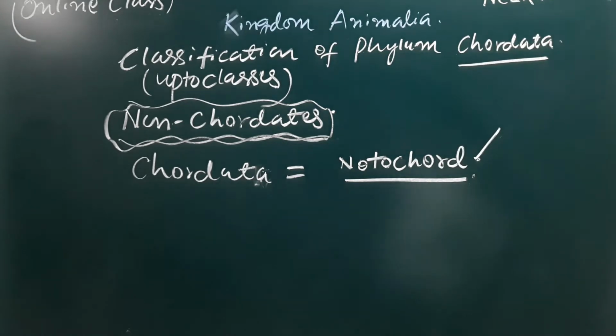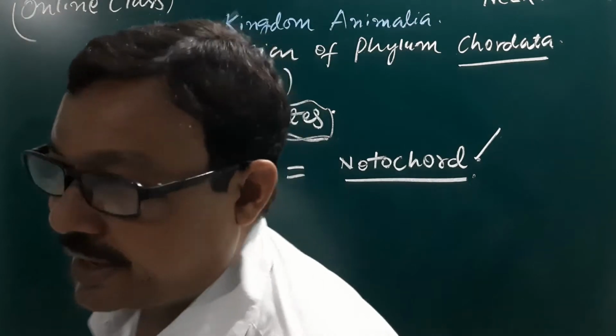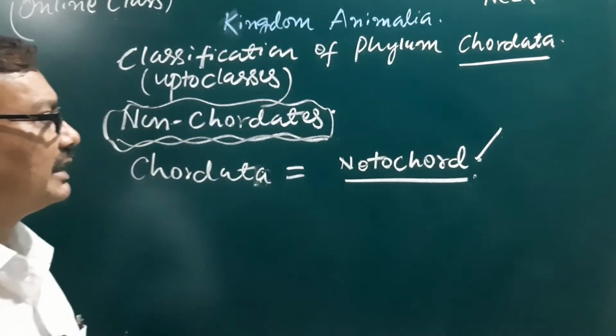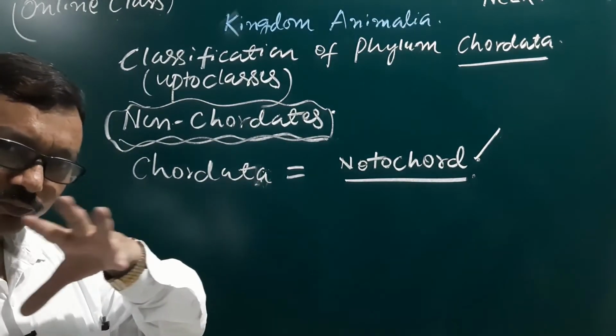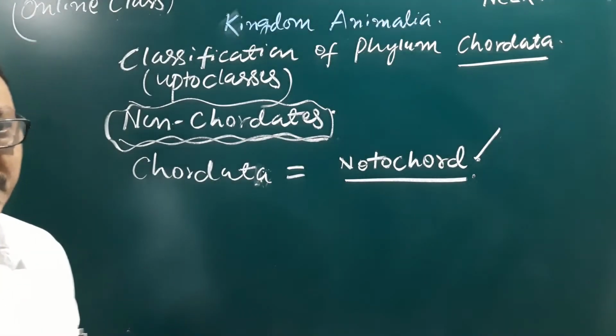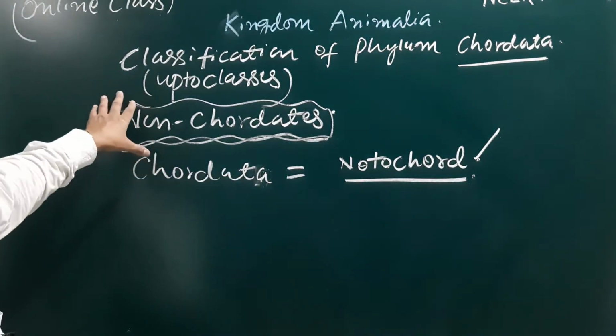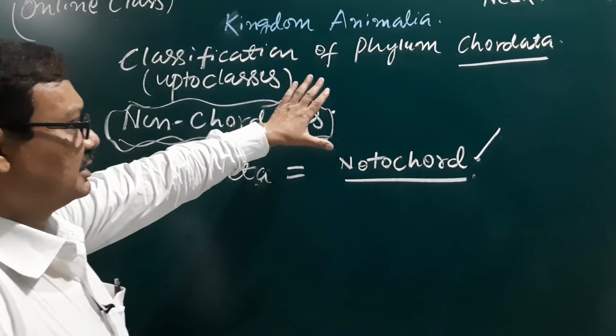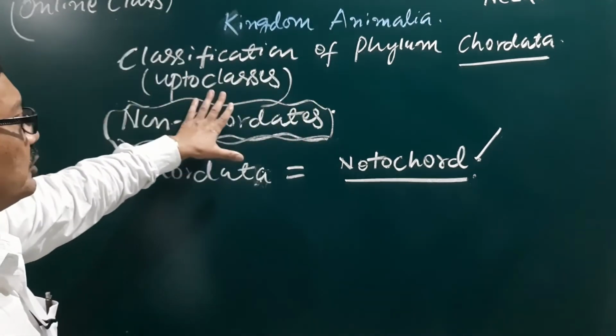But in other cases, it persists as long as life and is also replaced by the vertebral column. That is why here we require a classification of chordata up to their classes.